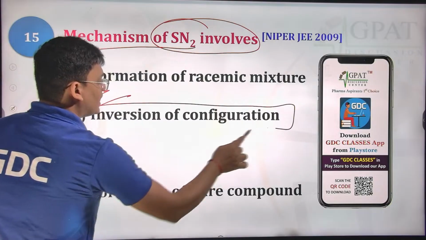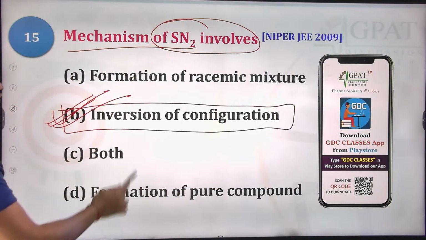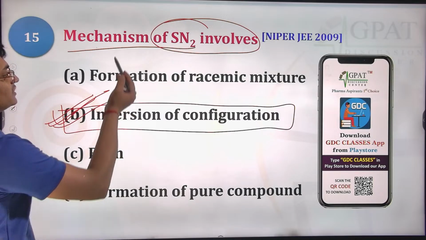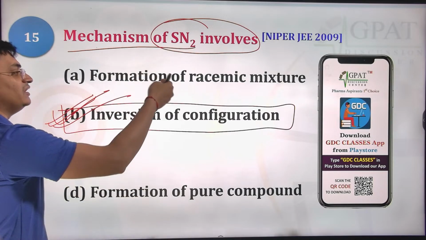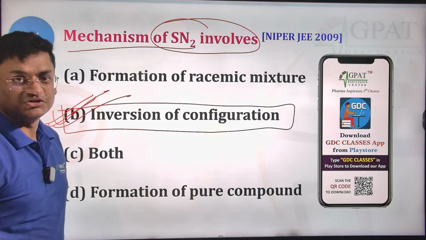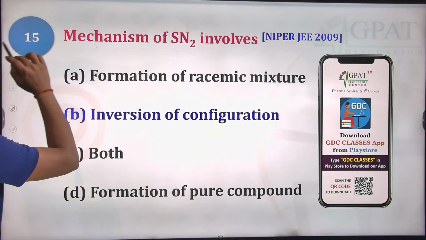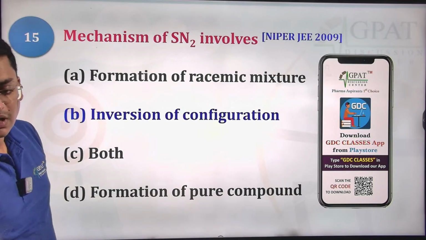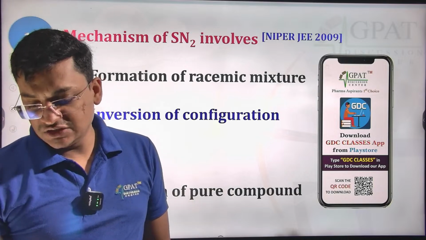So yes, B is the right answer. For SN2, only inversion in configuration can be seen. For SN1, there can be inversion as well as retention, so there is formation of a racemic mixture. So for SN2, B is your right answer.